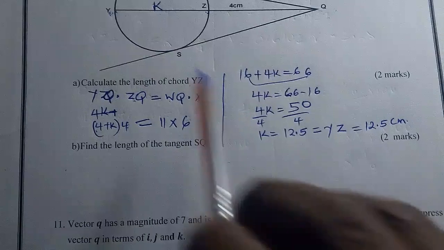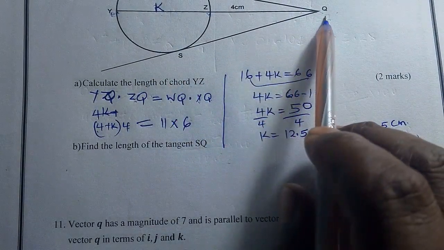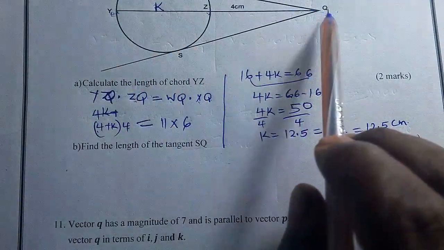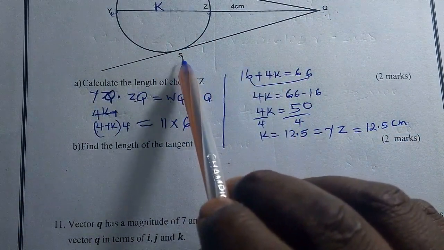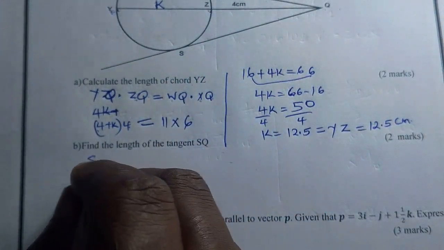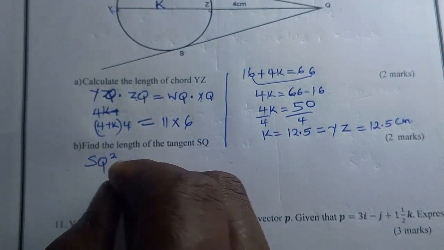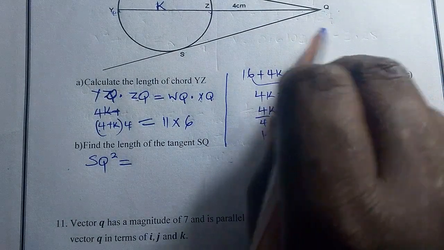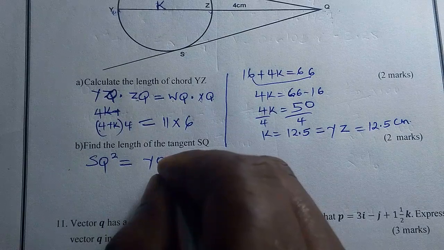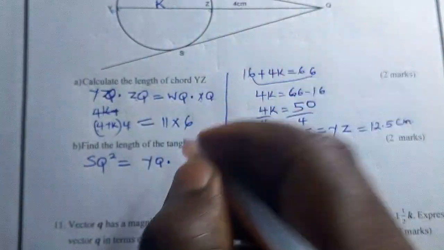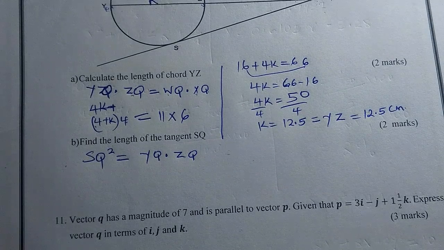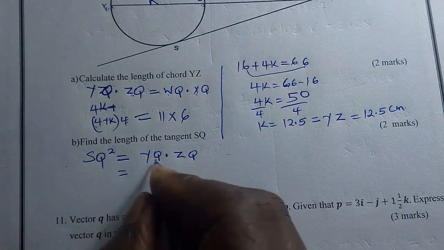Now S is a tangent. Now we are going to use YQ and ZQ to calculate the distance SQ. Since this is a tangent, we say that SQ squared will be equal to YQ multiplied with ZQ. As simple as that. This one will be YQ, we know now.